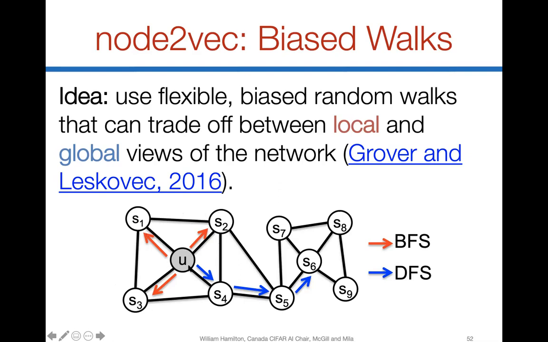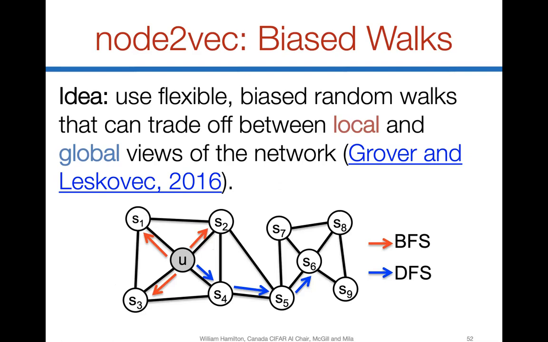As an alternative, you can think of a depth first type algorithm, where rather than exploring all the neighbors of node U first, we go to one neighbor, and then to some other neighbor of that neighbor, exploring deeper and further away into the graph. We can use this intuition and think about running random walks that are more akin to BFS, or random walks that are more akin to DFS.